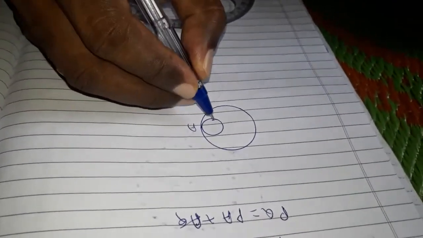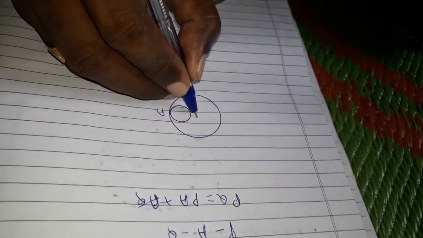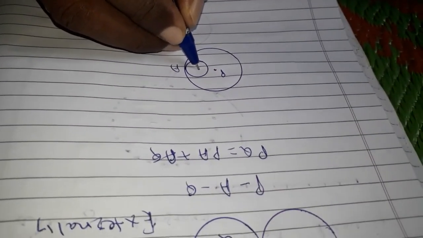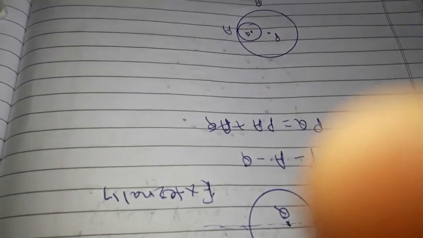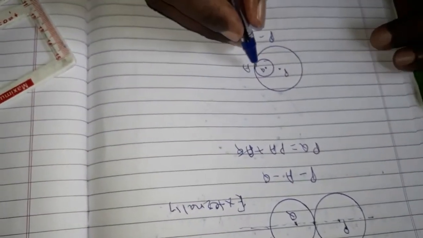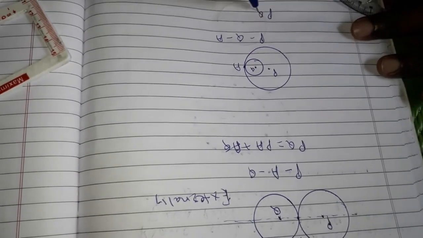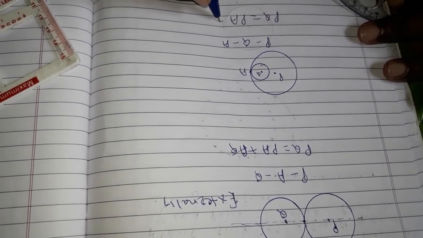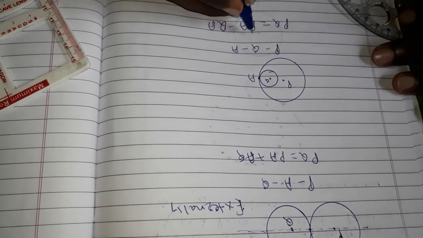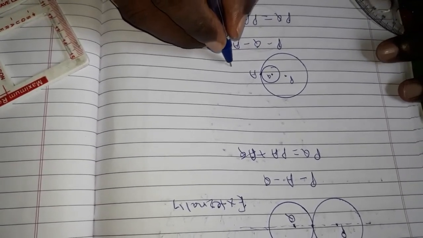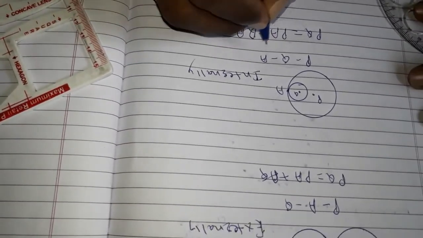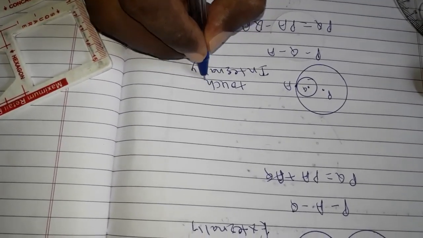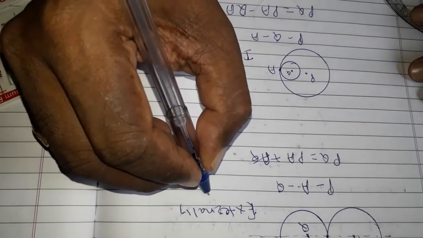The touching point is A, the center of the larger circle is P, and the center of the smaller circle is Q. P, Q, A are again collinear points, and the distance between the centers is PQ equals PA minus QA, the subtraction of the two. These circles are called circles touching each other internally. Internally touching, externally touching.